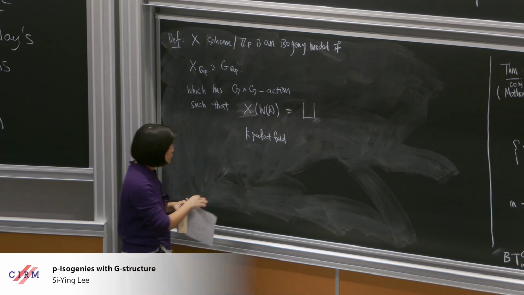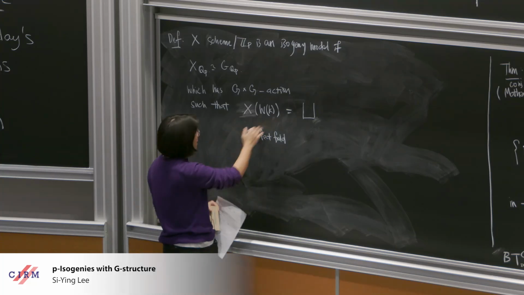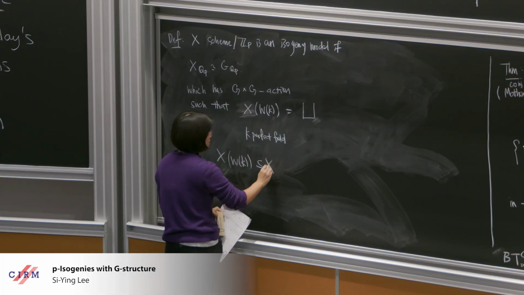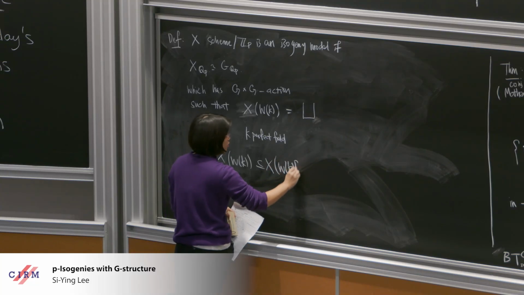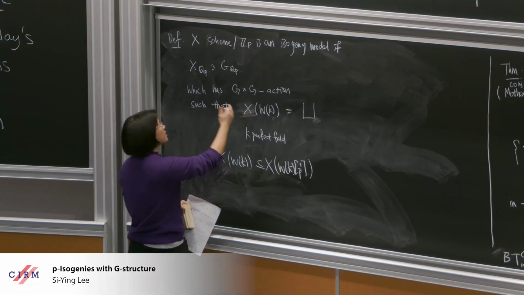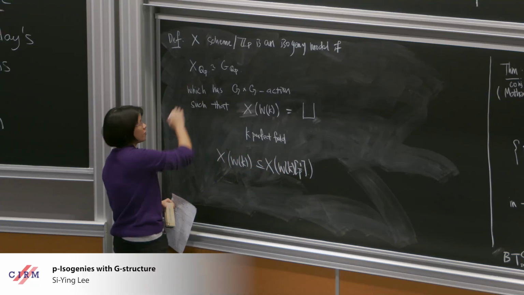I want something such that X(W(k)) sits inside the set of K points with P inverted. But if I'm looking at the points with P inverted, that's the same thing as looking at the points of the generic fiber.